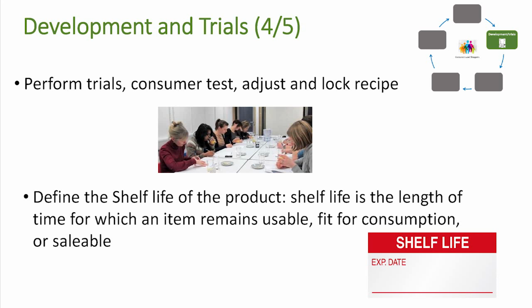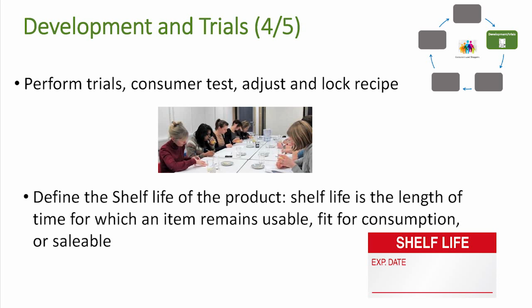So, after you have done this, you are going to perform some trials. Remember, you have now developed your recipe. It is very clear. You know what kind of equipment you need. You know the regulatory requirements. You know everything. You are going to perform some trials. And that is why in this step, you have what we call development trials.